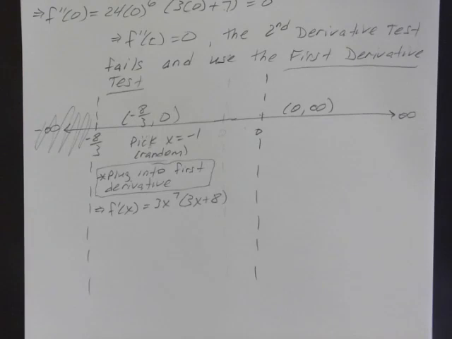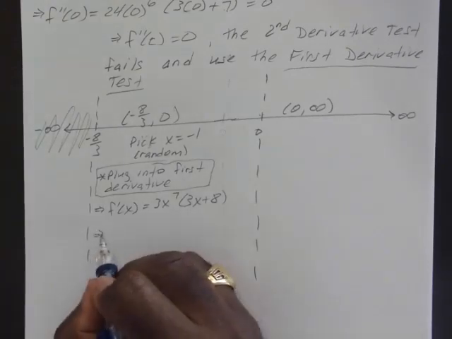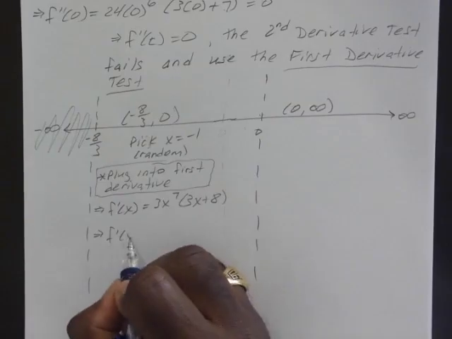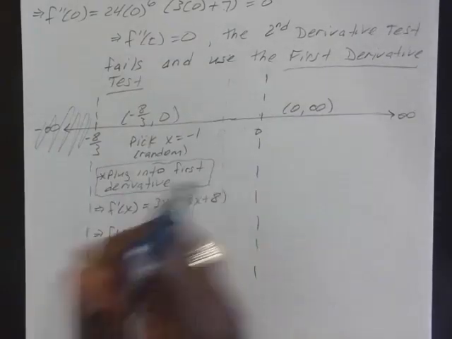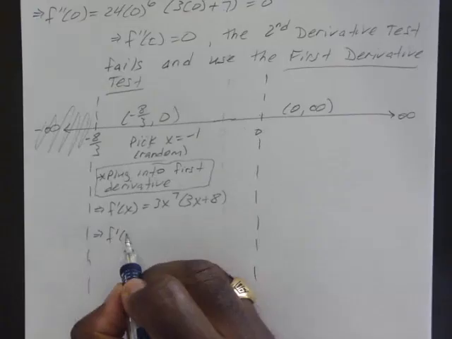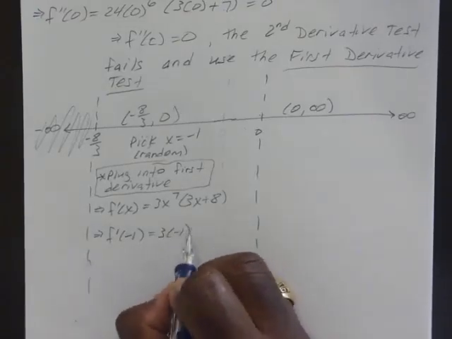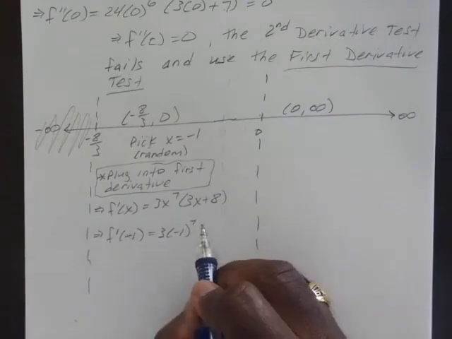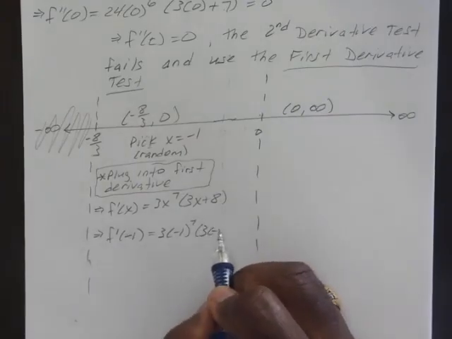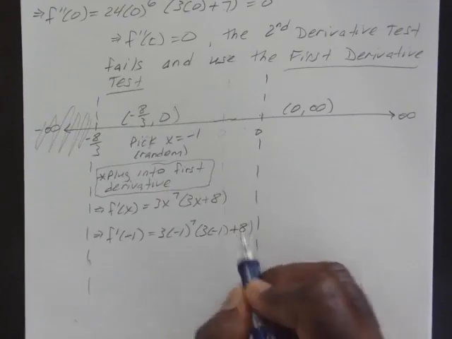Well, if we plug in x is equal to -1, f prime of -1 is equal to 3 times -1 to the 7th power times 3 times -1 plus 8.